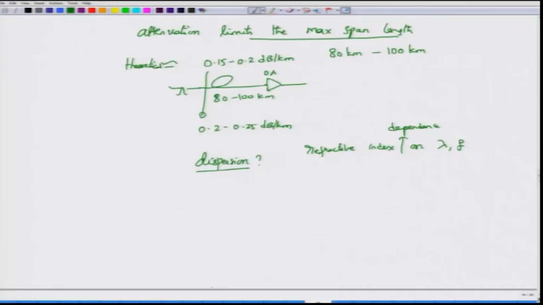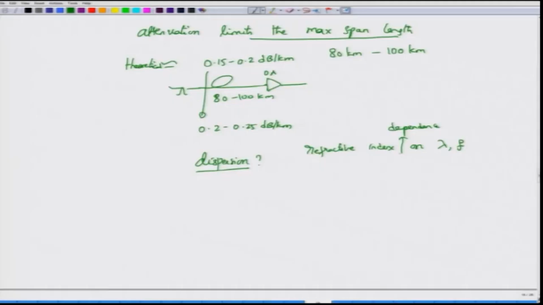So, in physics, when we talk of dispersion, we normally mean that the refractive index is dependent on lambda and f, and this refractive index itself arises because of the structure or the material properties. When the material refractive index itself is dependent on lambda and frequency, we simply term this material dispersion.